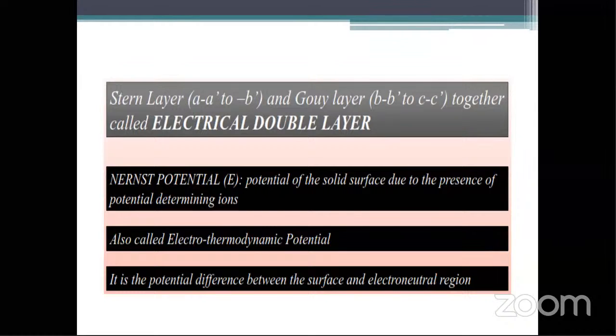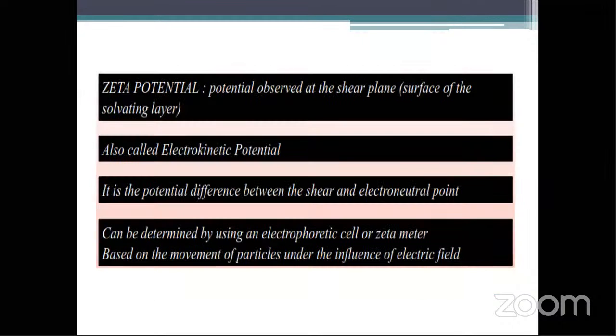Another definition is there, that is known as zeta potential. So zeta potential, what is the meaning of that? Zeta potential is the potential observed at the shear plane. So just remember the picture.